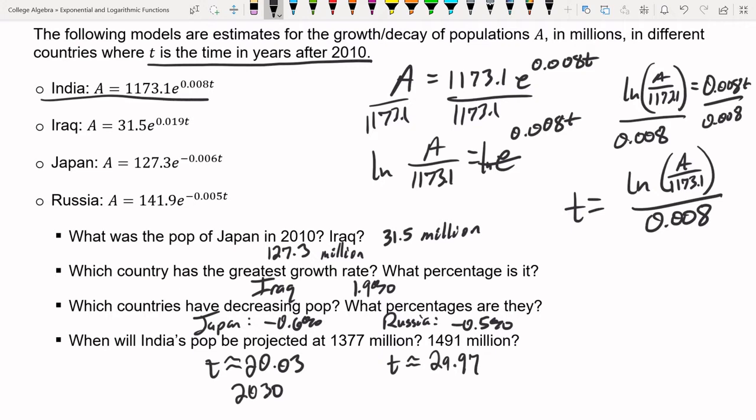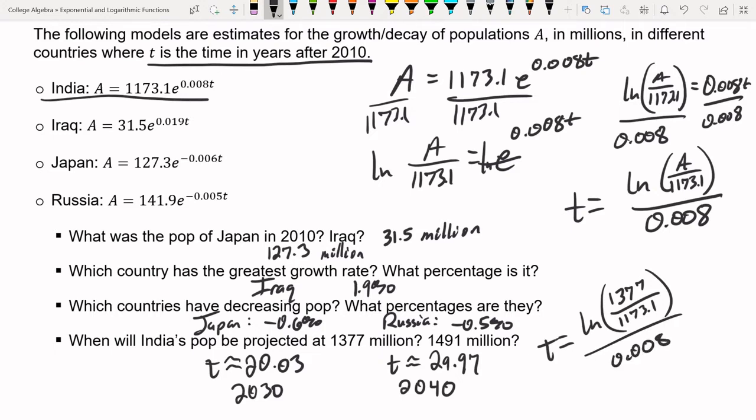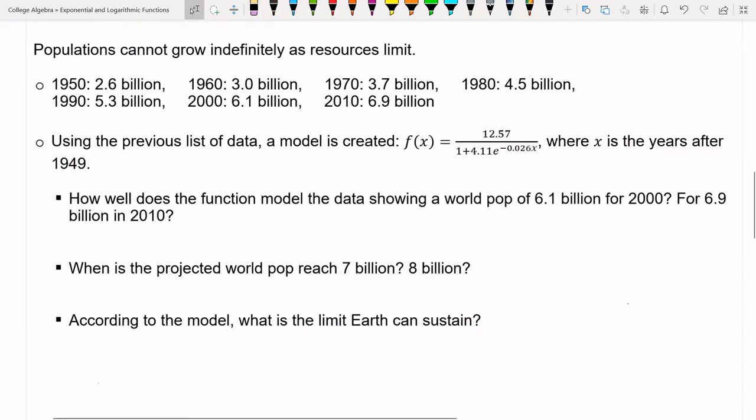So it should be like 2030. And then t of 29.97 is going to be approximately the year 2040. Once again, all I did there was I plugged 1377 into the spot for A, and then I plugged in 1491 in the same spot. That's how I got those numbers.